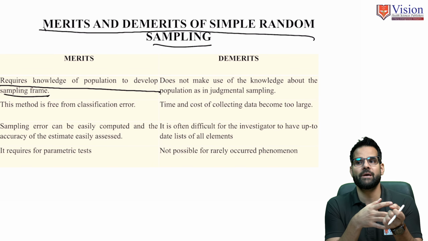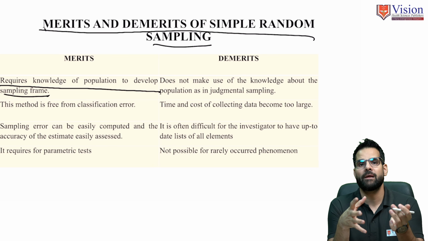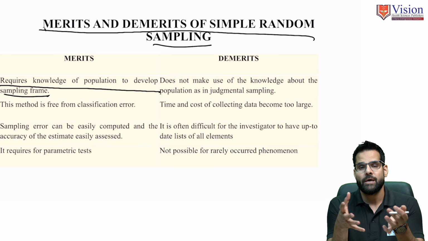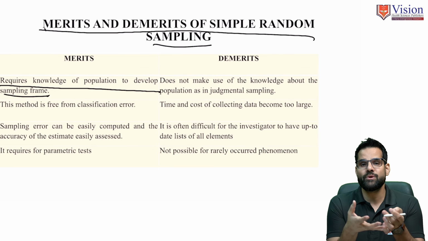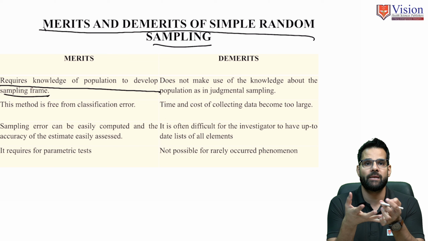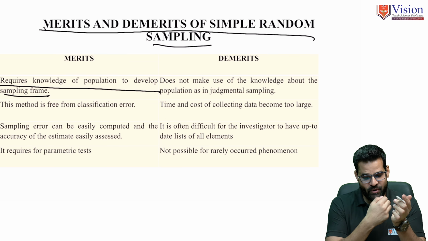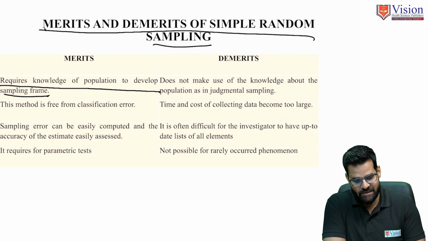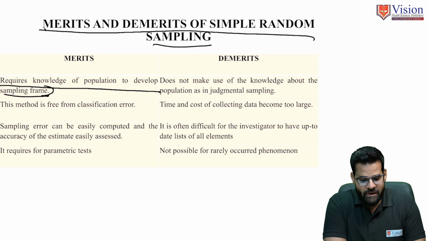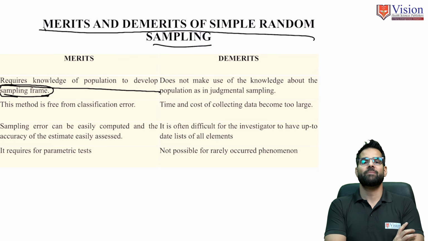Because usually we say, okay, I just took a few random people. No, to have random sampling, you need to first prepare the sampling frame. That's very, very important. Frame means listing all the people. If you don't have knowledge of these people, then you cannot make a frame.